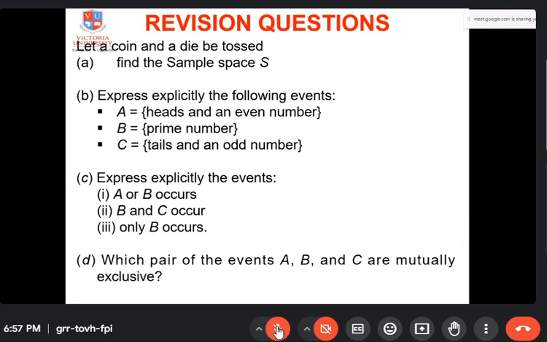Now we can go to part C. Can someone write members in that set A or B? When we say A or B, what do we mean as far as the sets are concerned?